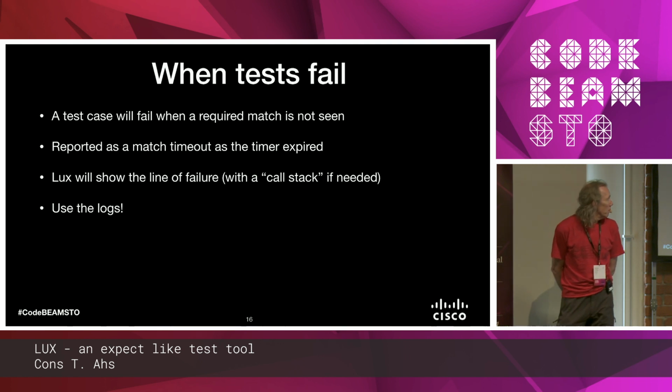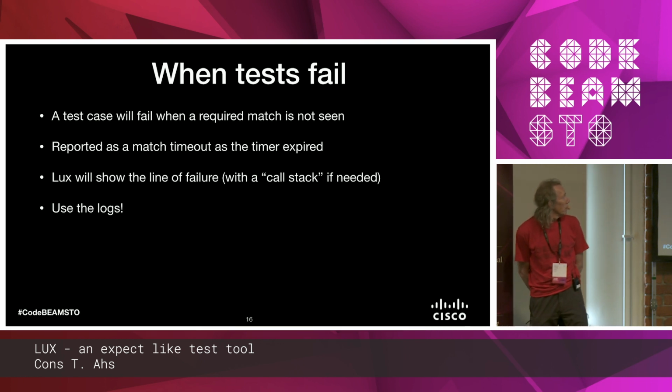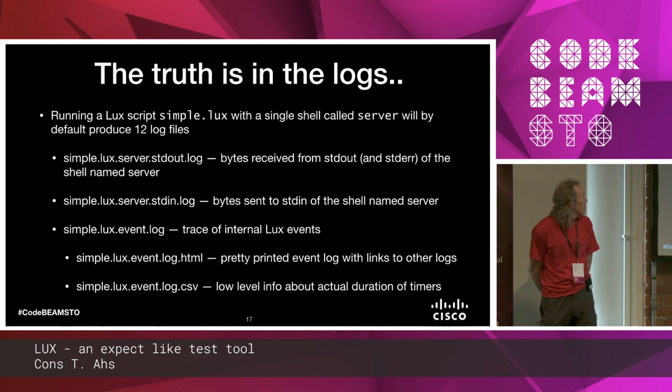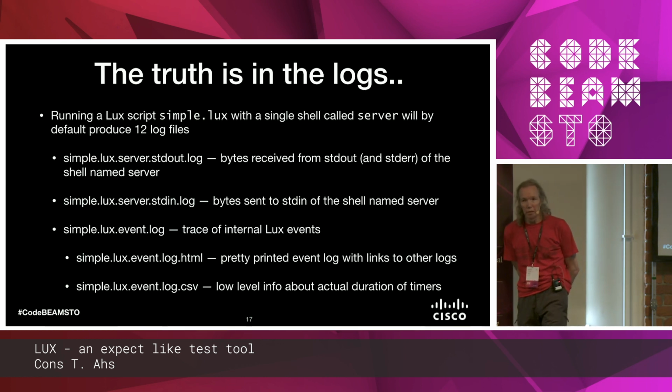There's also, so you'll see the line of the failure, but also with some kind of stack trace. That is additional line numbers if you got to the failure by a number of macro invocations. So I'm not going to look too much into the logs, but we can see that in the default case, LUX will produce something like 12 logs in the simplest case.